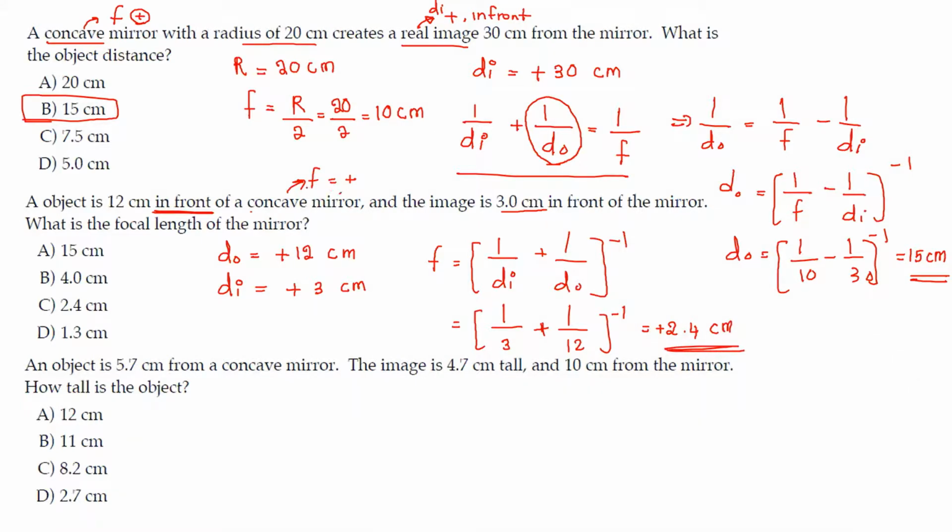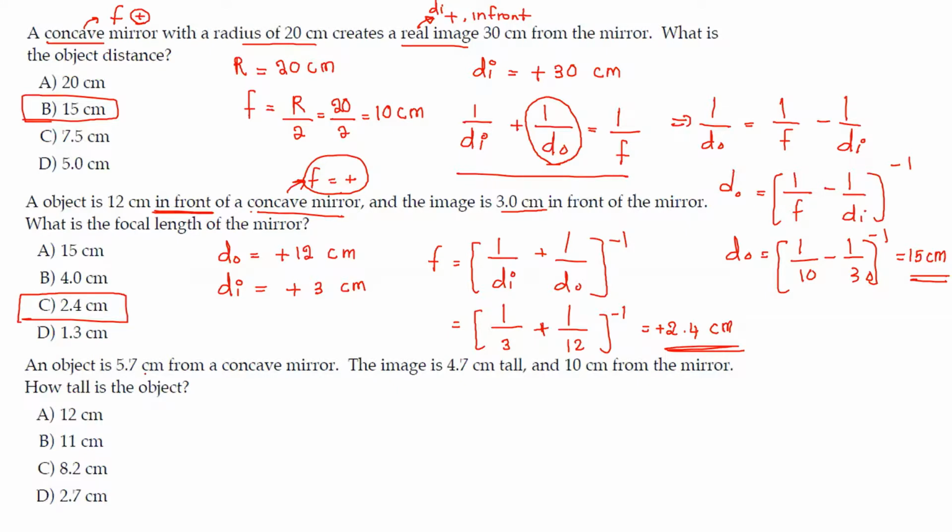So we get a positive value, right? We know for a concave mirror, F should be positive. For this, all the answers are also positive, but for my quiz, I might give positive and negative values, both. Okay. So you all have to know for this mirror, it is positive. For this mirror, it is negative.